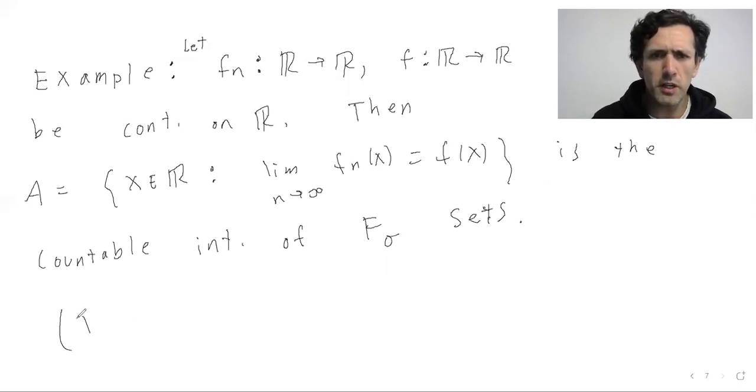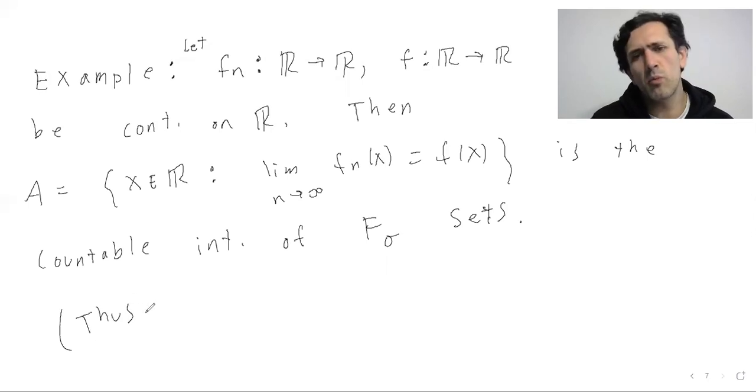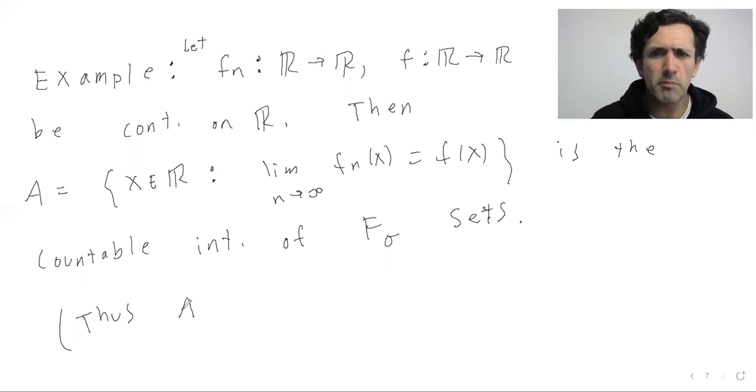So the punchline here, well, one of the punchlines is that this is a typical prelim problem. This probably actually is a former prelim problem. I'm pretty sure I myself have probably put it on one of the prelims. But the point is that A is a Borel set because we know F sigma sets are Borel.